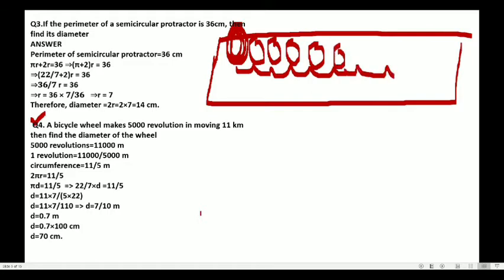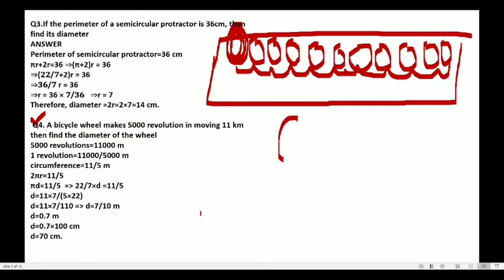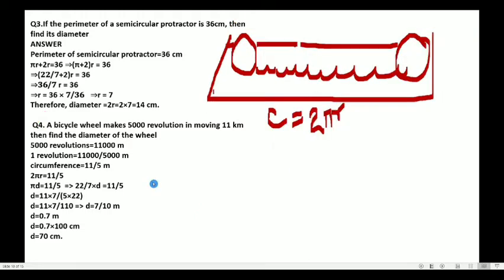You can see it's turning, and it is covering the circumference a number of times, because if the wheel is rotating, it is covering the boundary of the circular wheel. Since it has taken 5,000 revolutions, the wheel is covering the length of the field.